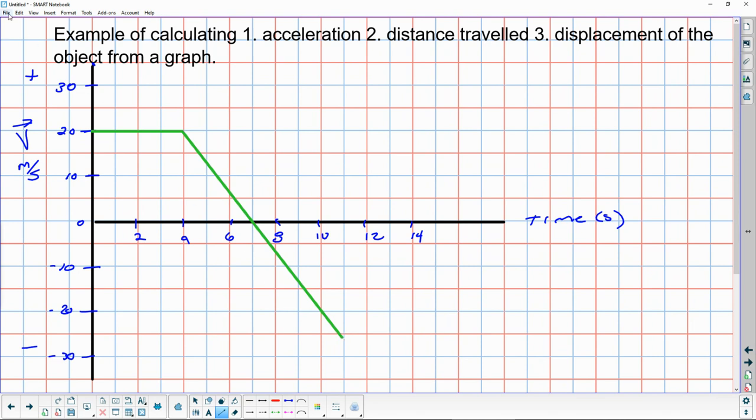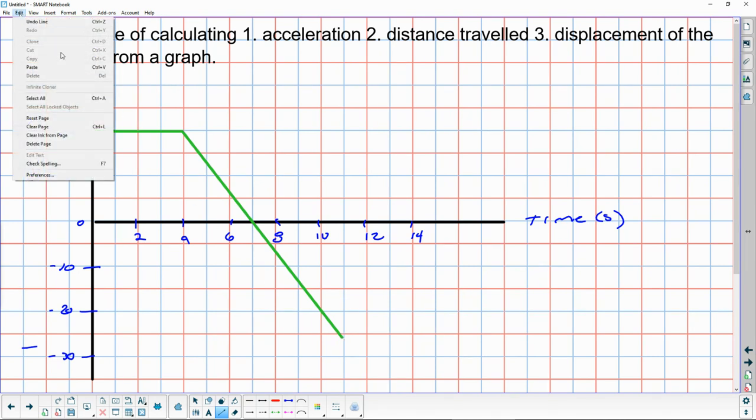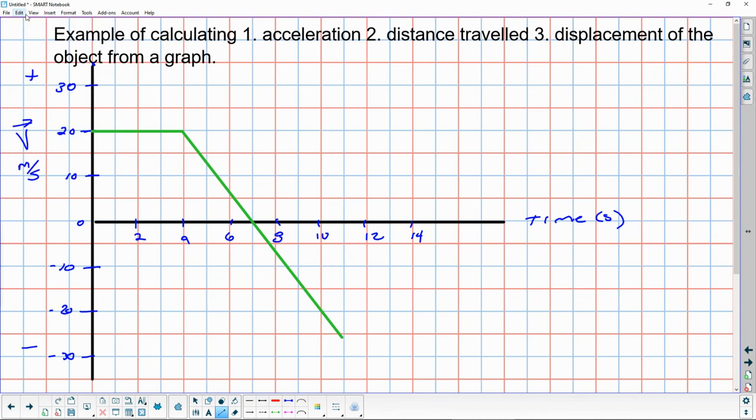Let me get that perfectly straight here. So like that. Then we're going to draw straight back up to 14 so that we actually stop. After 14 seconds, we'll stop our motion.